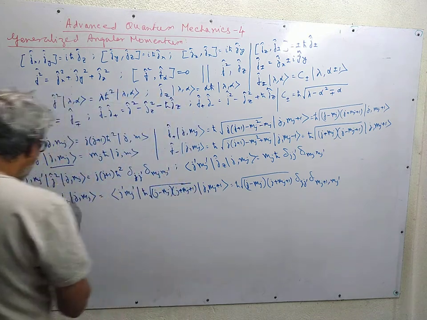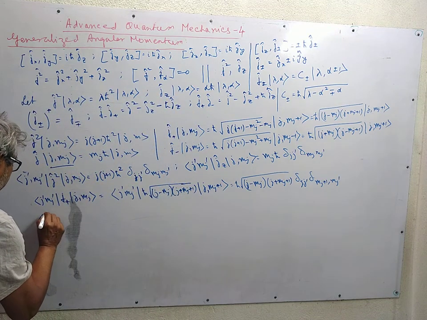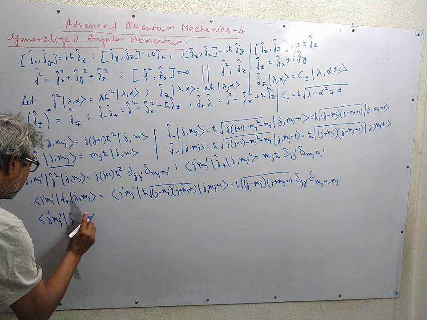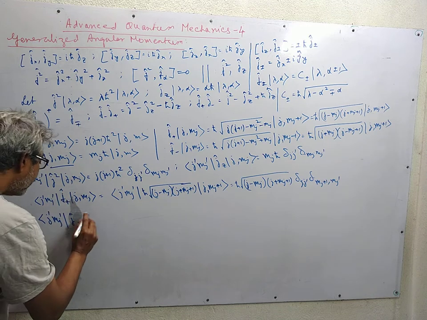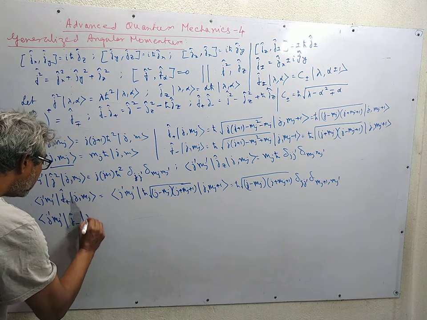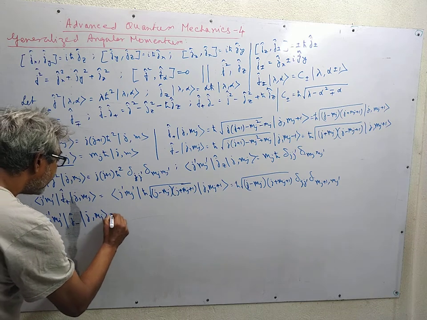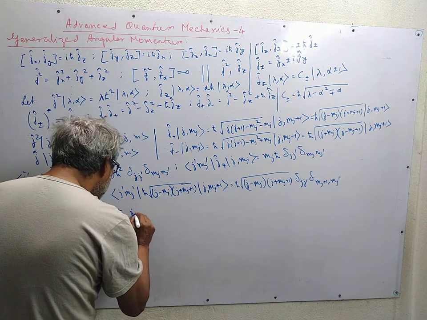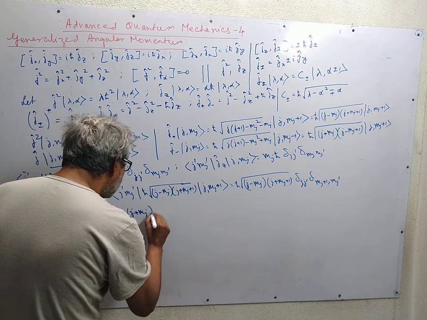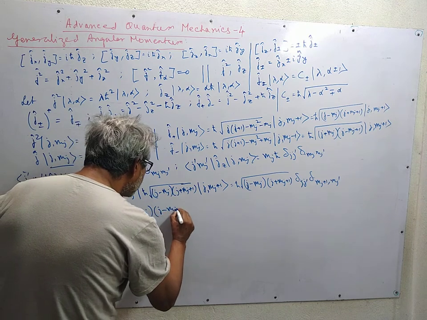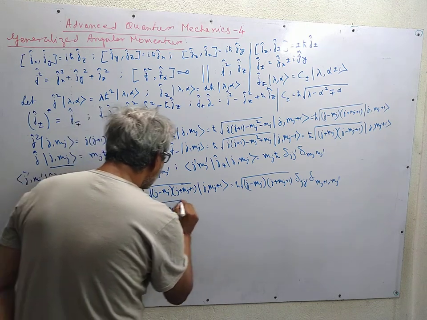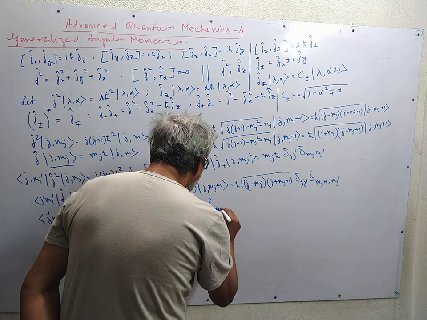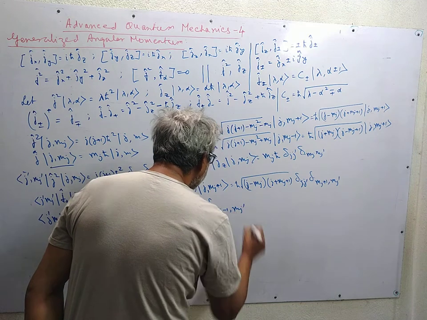Similarly, the matrix element for <j' mj'| J minus |j mj> is, I'm writing the final step only, ħ square root of (j plus mj)(j minus mj plus 1), then delta jj' delta mj minus 1, mj'.